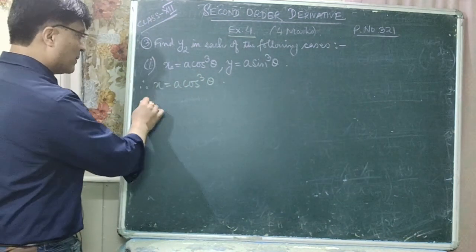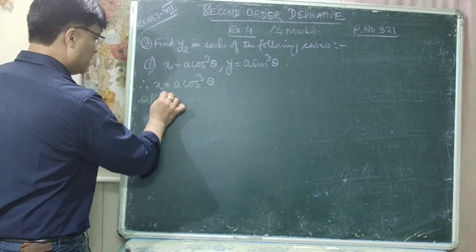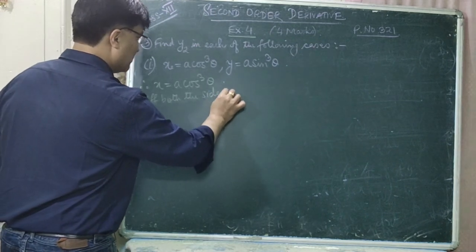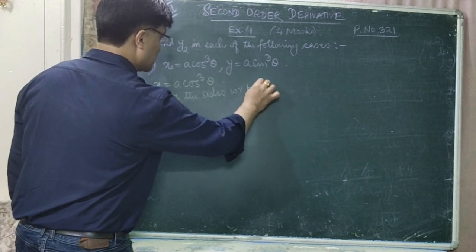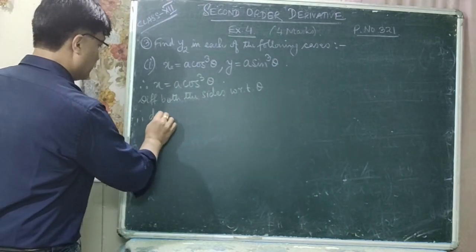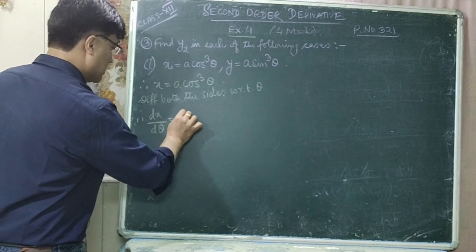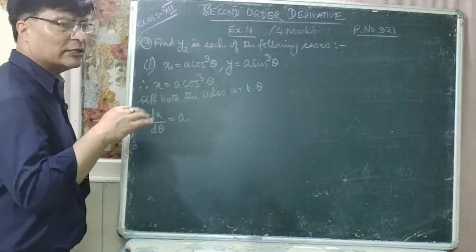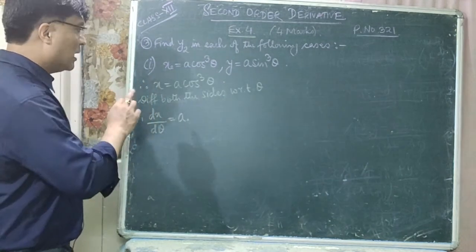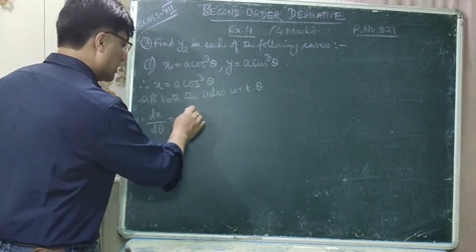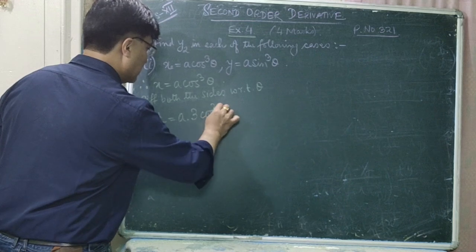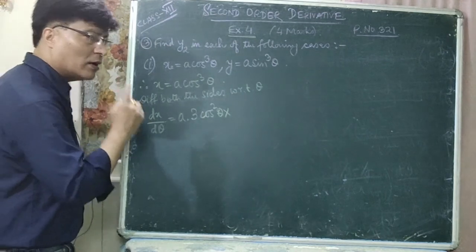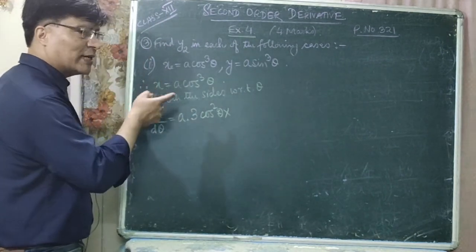So let us find out dx by d theta, that is differentiating both the sides with respect to theta. Therefore dx by d theta is equal to a into, now this is your cos cube theta, it is just like your x cube. Now what is the differentiation of x cube? 3x square. So it is 3 cos square theta into, again you have to differentiate the term which is assumed as theta.